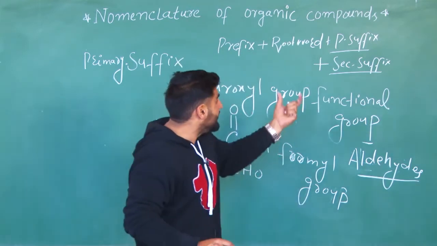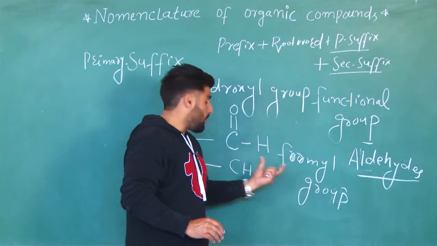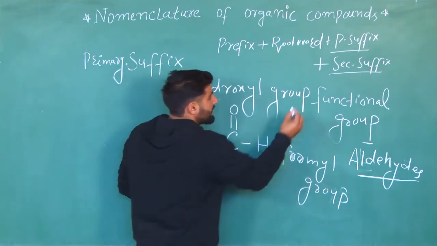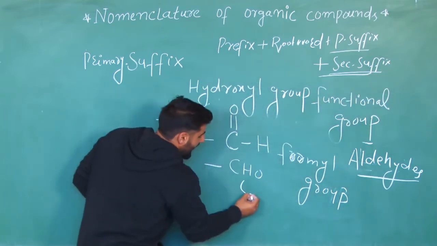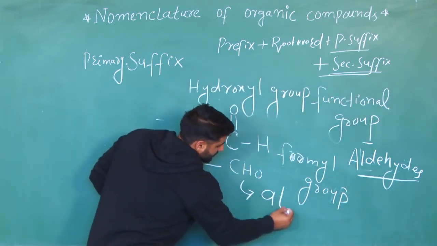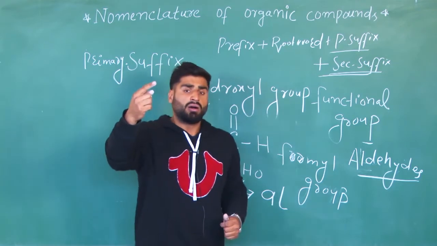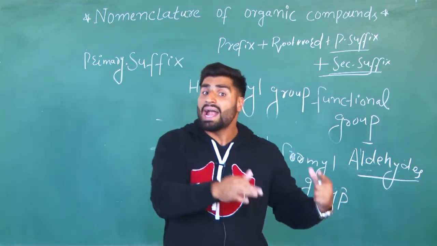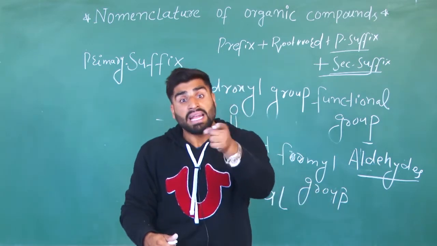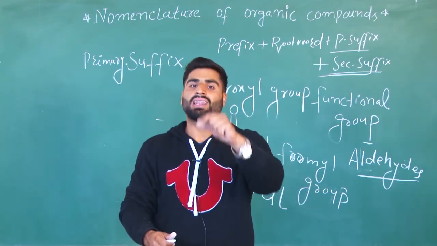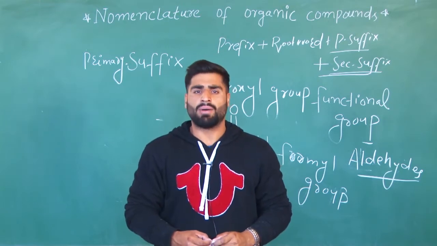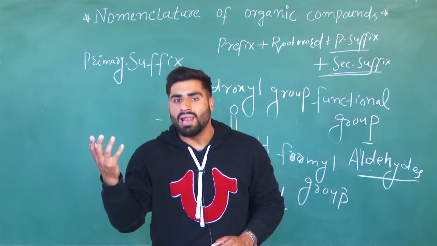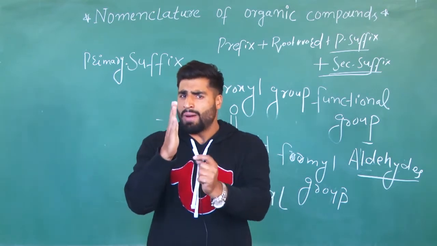So for aldehydes, for compounds containing the CHO group, we use the secondary suffix -al. For alcohols, we were using -ol. And for aldehydes, we use the secondary suffix -al. You might have heard about ethanal, butanal, propanal.